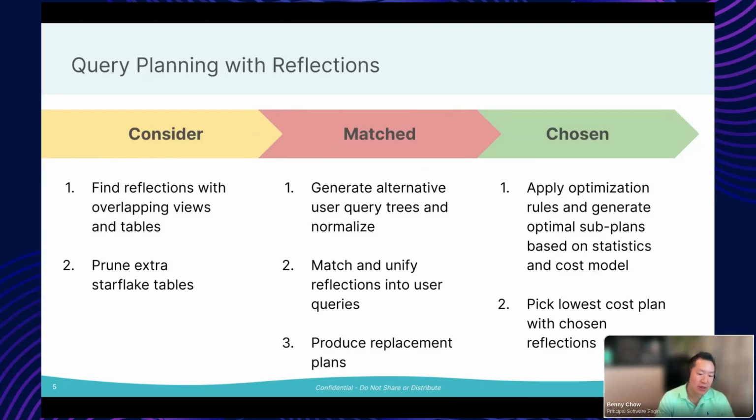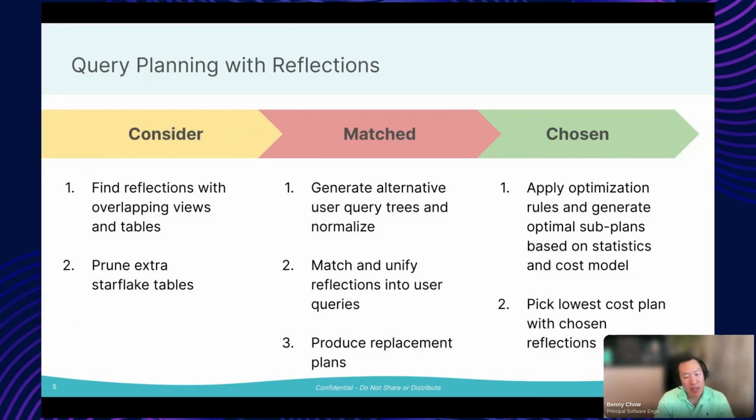One of the first things we'll do is normalize the query trees. For example, we'll destroy join orders. If you're joining 10 tables, we'll destroy the join orders so that we can match a subset of those joins against the reflection.